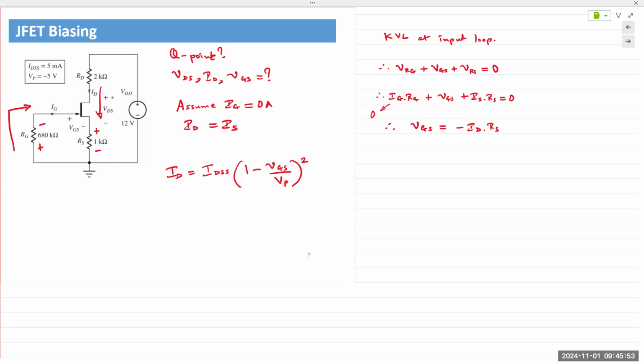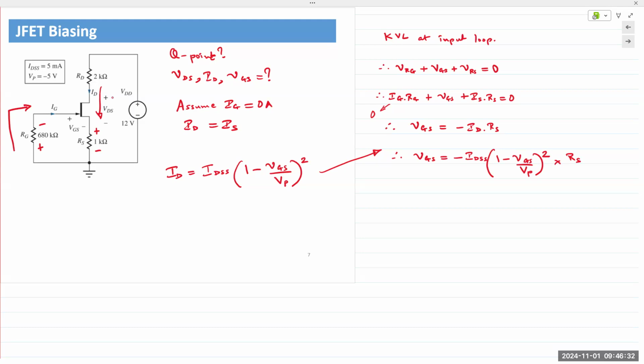And we can plug that into this equation, and we obtain VGS is equal to minus IDSS times 1 minus VGS over VP, times RS. Because IDSS and VP values are given to us, RS is known to us, we can simply plug those values in here, and we can obtain an expression with just one unknown, that is VGS.